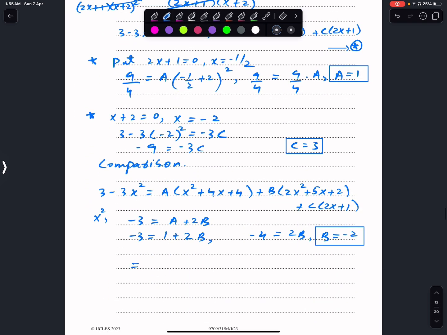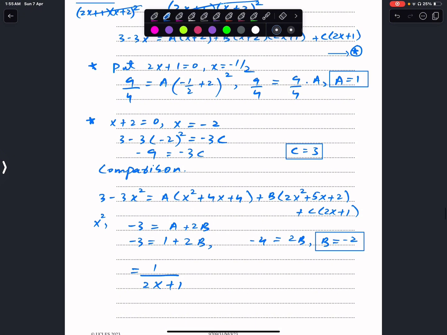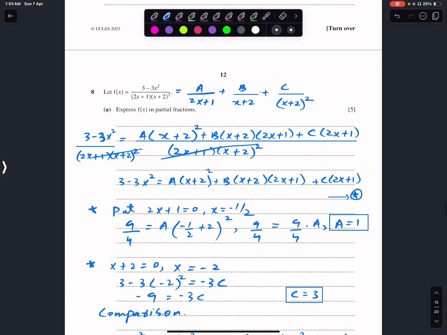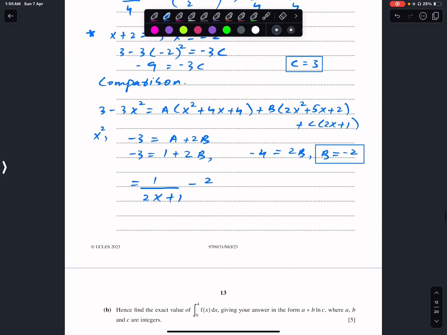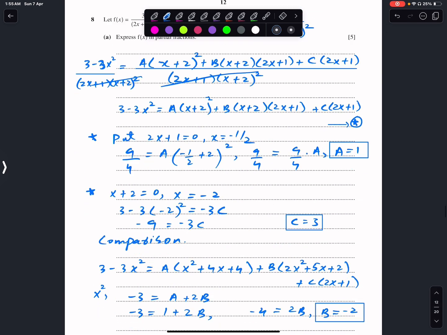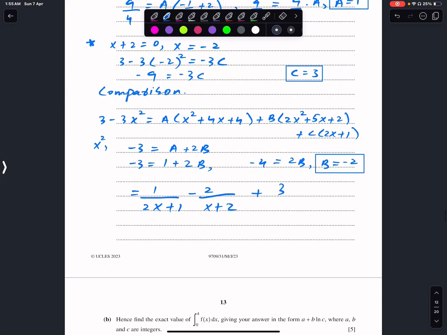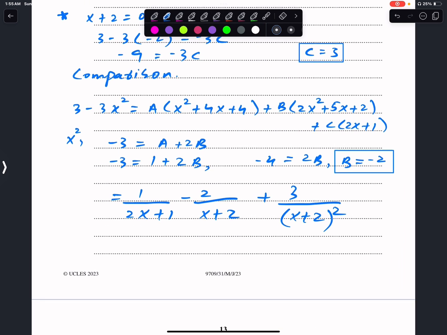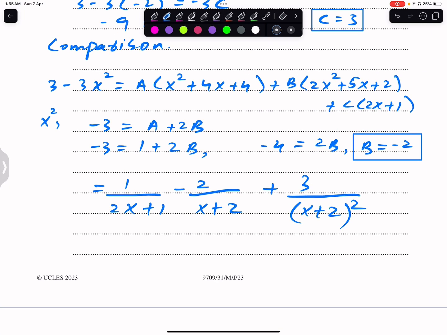So use all these values a, b, c in the above expression. So you have 1 over 2x plus 1 because a is 1, and then b is minus 2. So minus 2 divided by x plus 2, and c is 3. So 3 over x plus 2 whole square. This is the required expression.